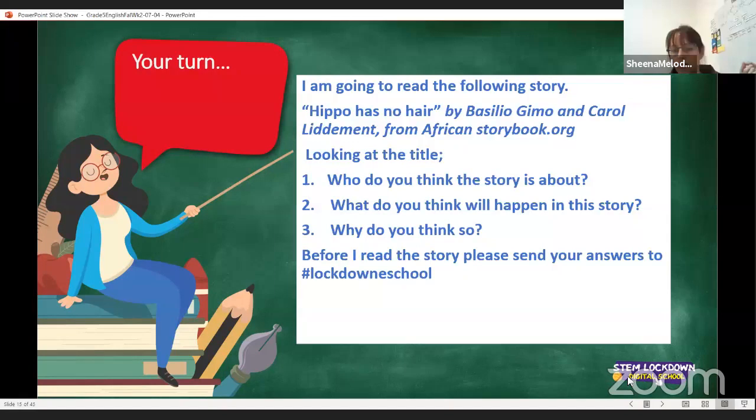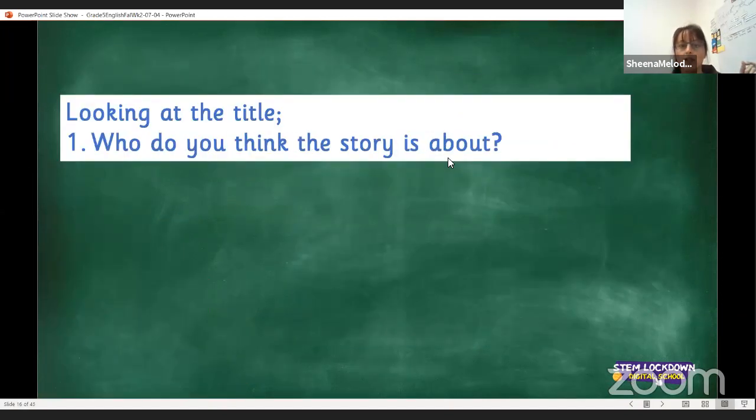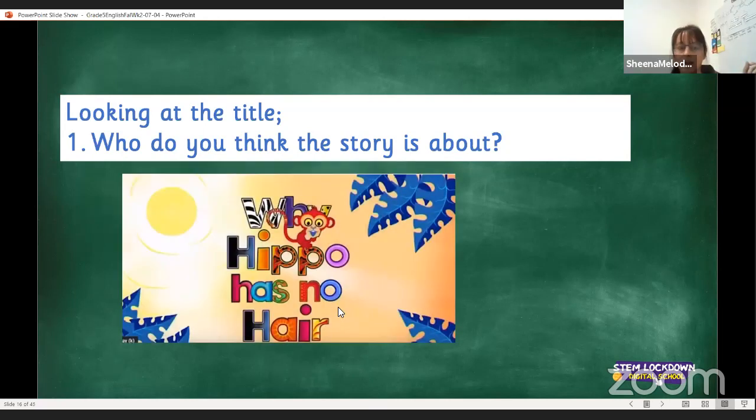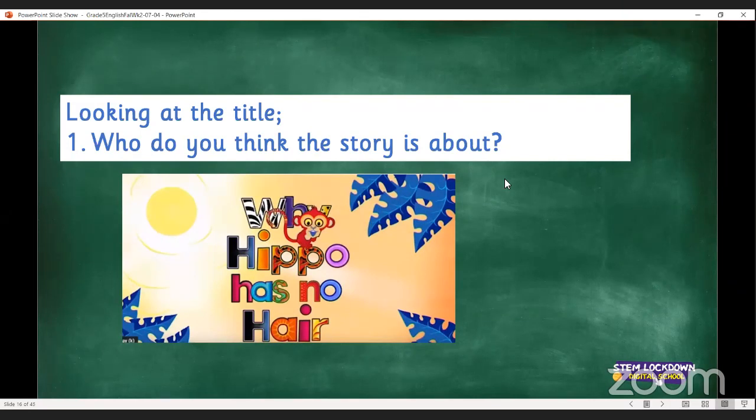All right, so let's move on. Looking at the title, who do you think the story is about? The title is Why Hippo Has No Hair. It is also Hippo Has No Hair. There are different variations. So who would like to answer?